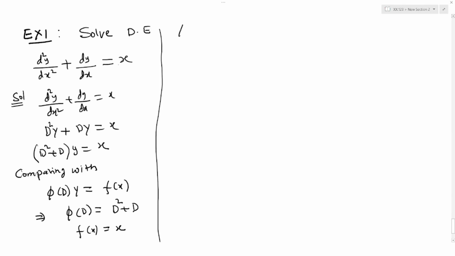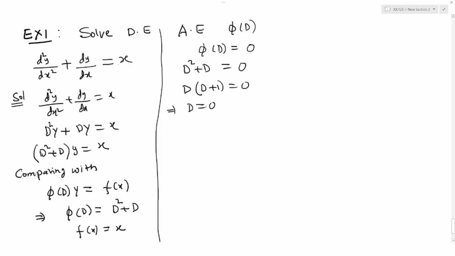So the auxiliary equation is phi of D equals 0. Therefore we get D square plus D equals 0. Finding the factors, taking D common, D equals 0 and D equals minus 1, implies m1 equals 0 and m2 equals minus 1.